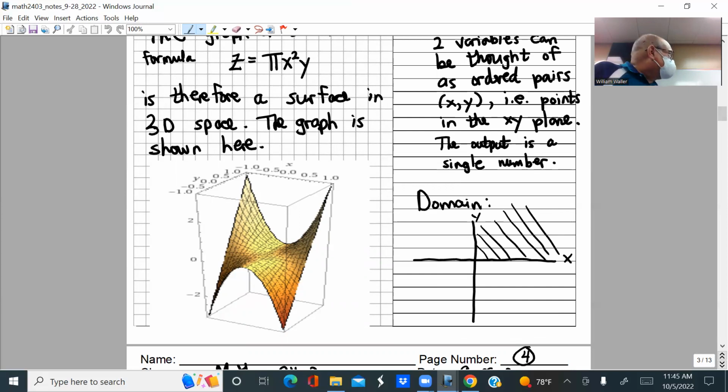It does have some sort of quadratic shapes in it, though. Notice that edge there looks like a parabola. This edge in the back also looks like a parabola. I'm not certain of that. Maybe that is true. We'd have to think about that more closely.